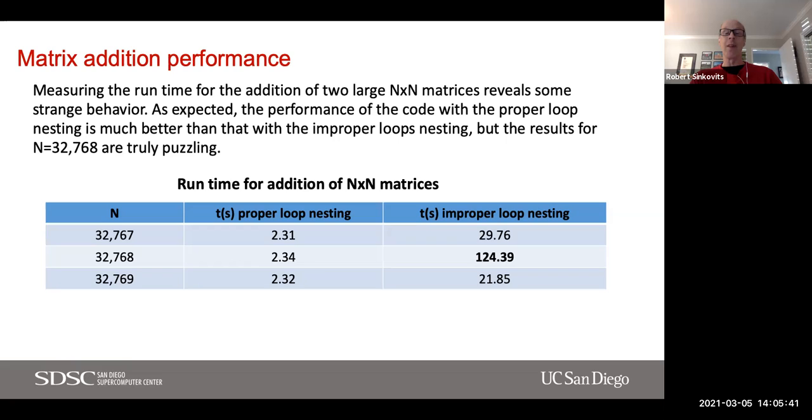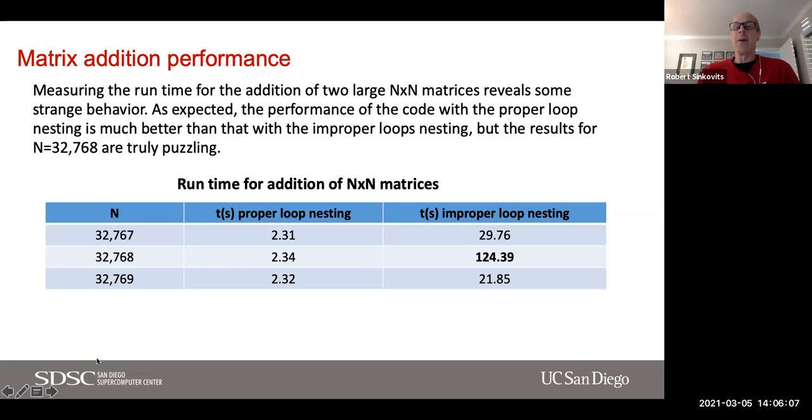The runtimes when we use the proper loop nesting are all about the same, to within a little bit of run variation, but they're very consistent. But the timings for the improper loop nesting are kind of erratic. We go from 29 seconds to 124 seconds to 21 seconds.